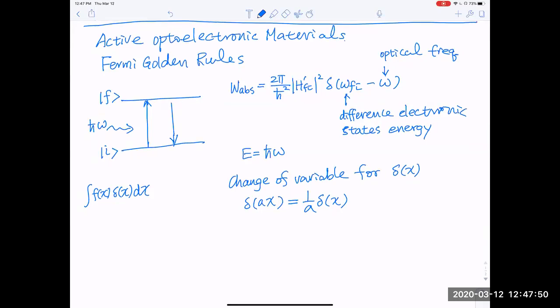Which means if we do a delta of energy function, which is delta of h bar omega, this is going to be equal to 1 over h bar times delta of omega.